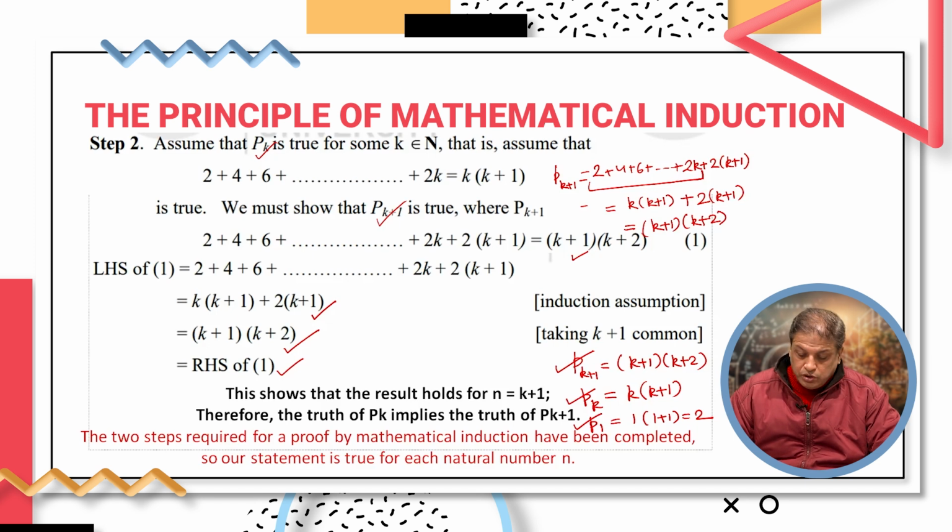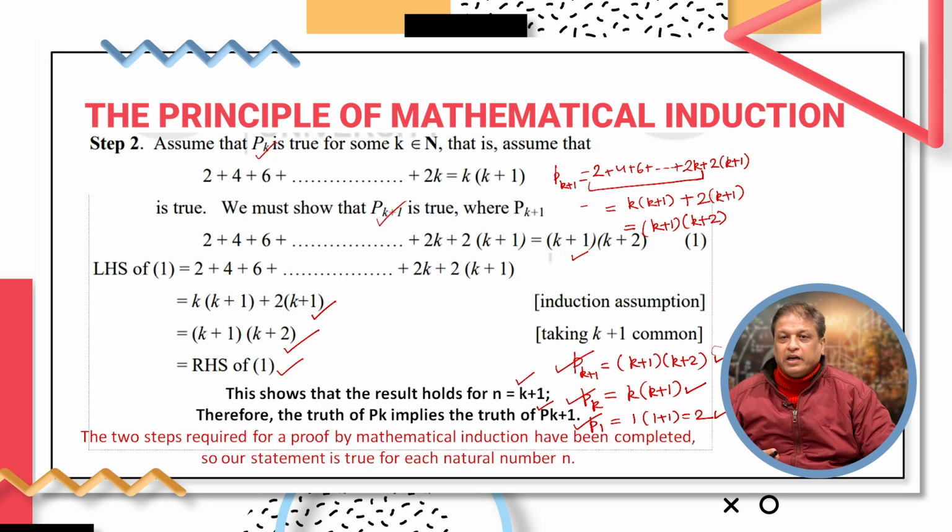So, this shows that the result holds for n is equal to k plus 1, and therefore, the truth of Pk implies that Pk plus 1 is also true. So, all the steps are completed. The first step was to verify the statement for value 1. The second step was to verify the statement for term k and k plus 1. So, we verified by using the principle of mathematical induction that the statement is true for any natural number n.